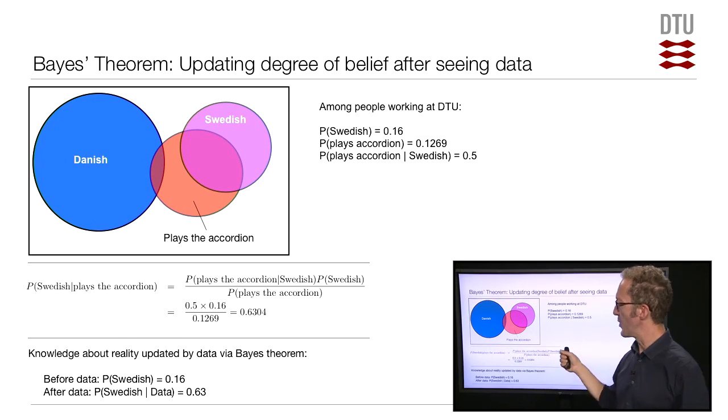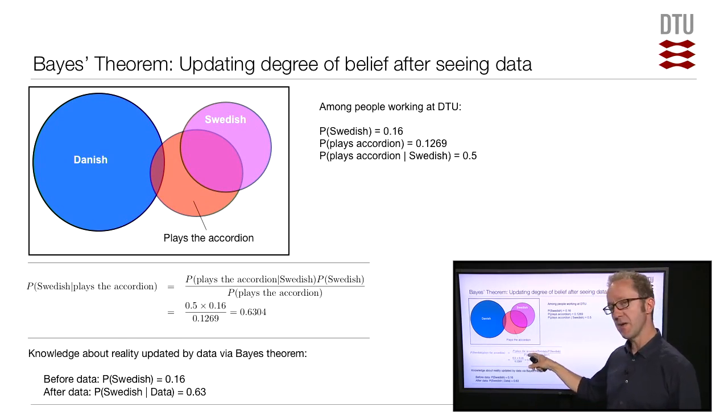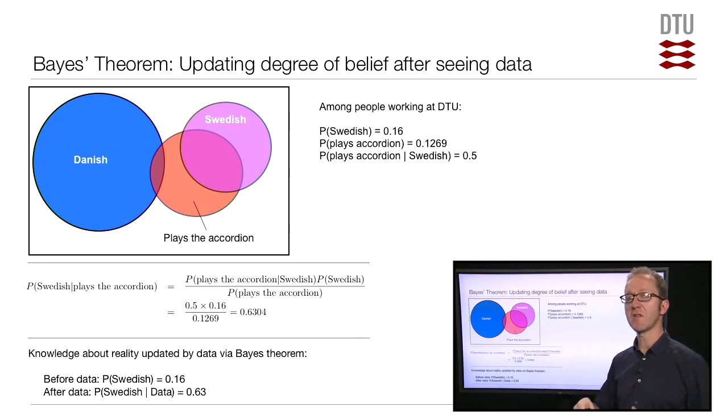If, however, I know that that person plays the accordion, then I can update my degree of belief about the nationality of the person, and I now think that there's a 63% chance that this person is Swedish. So I'm using Bayes' formula here to update my knowledge about reality in a stringent manner.